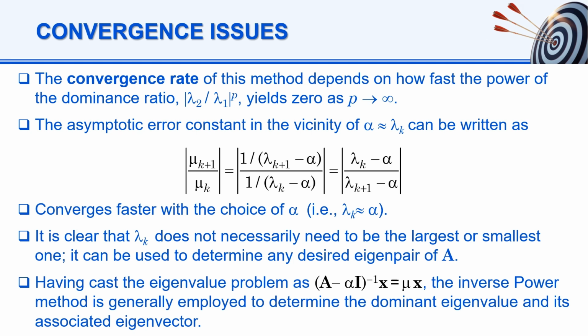Having cast the eigenvalue problem as the inverse of matrix A minus alpha times I, x equals mu x, the inverse power method is generally employed to determine the dominant eigenvalue and its associated eigenvector.